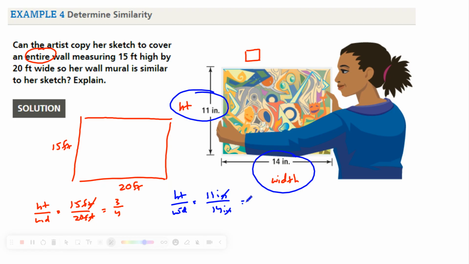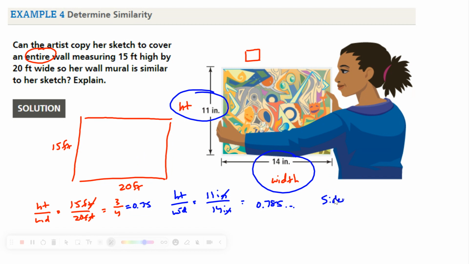So if I divide 11 by 14, I would get 0.785 and so on. Well, 3/4, maybe you know, is 0.75. They're not equal. Therefore, the wall and the painting are not proportional. And because they're not proportional, they're not similar.